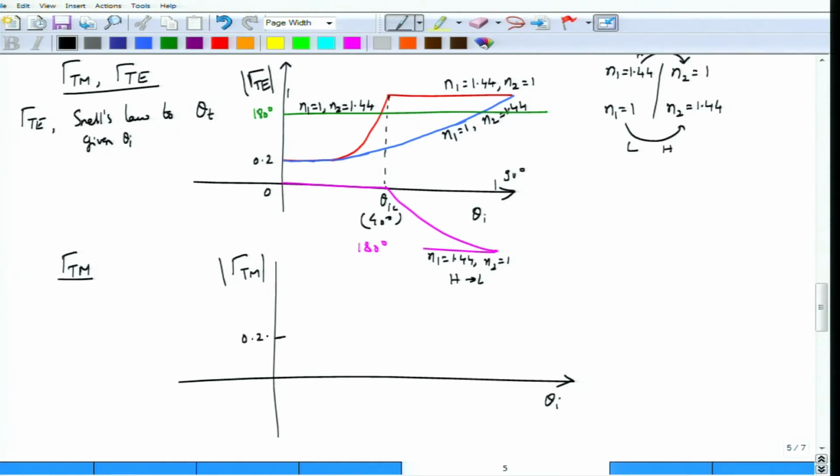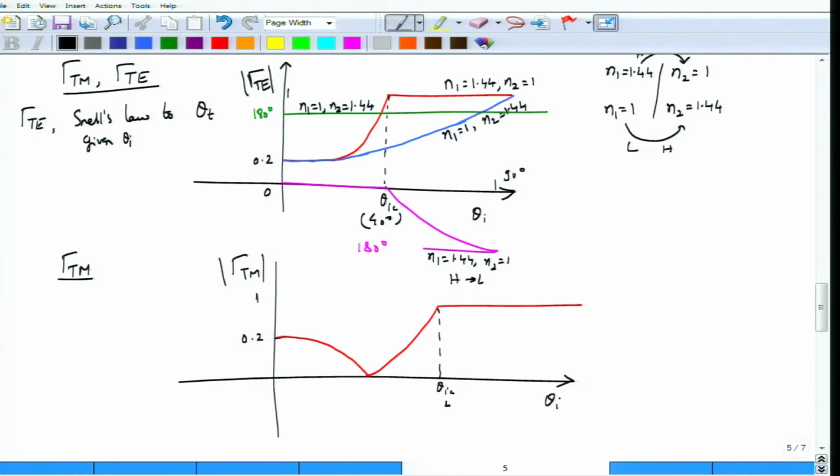This would be at 0.2 because it has to be the same for both. For this one, the magnitude of the reflection coefficient drops, then rises and then becomes constant, okay. It reaches the magnitude of unity at a certain critical angle.